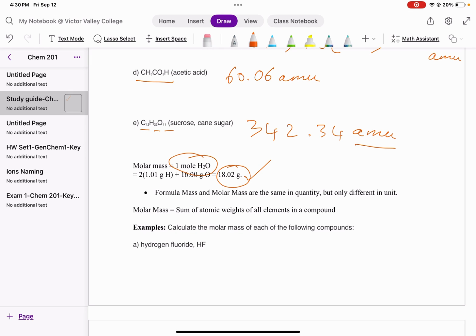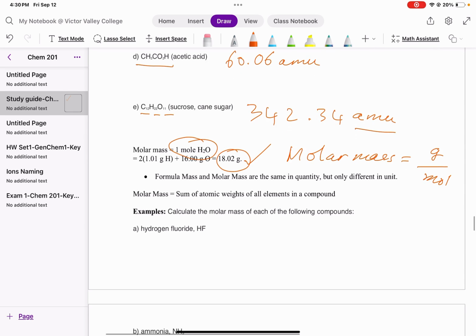So molar mass is grams per mole, all right? And it's the same as the other one. It's the sum of the atomic weights of all elements in a compound. If there's a subscript 2, you multiply it by 2. 3, you multiply it by 3, okay?